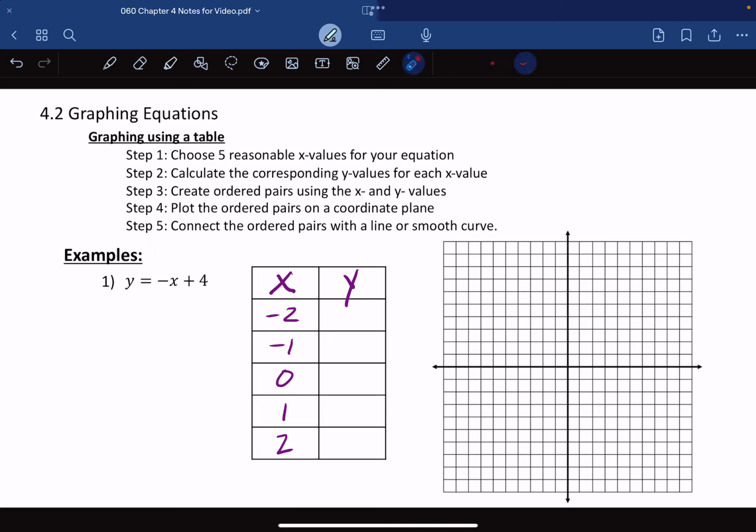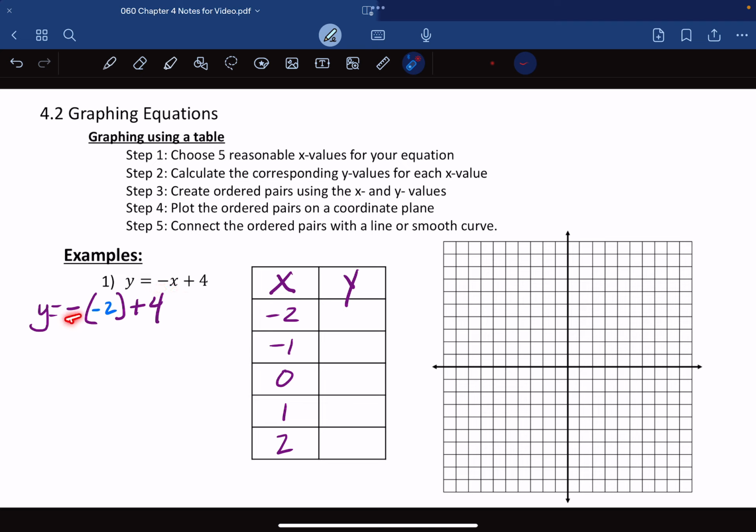So our first one is X is -2. I'm going to replace the X in my equation with -2. Now this one is negative X, or the opposite of X, plus 4.